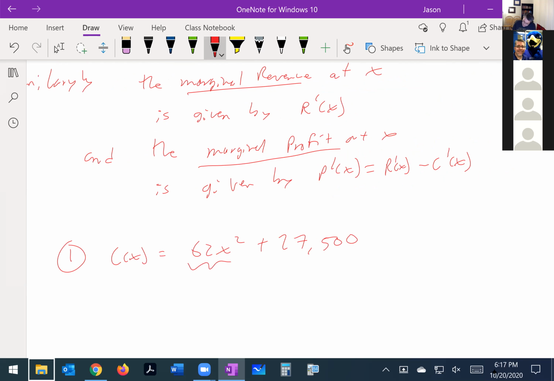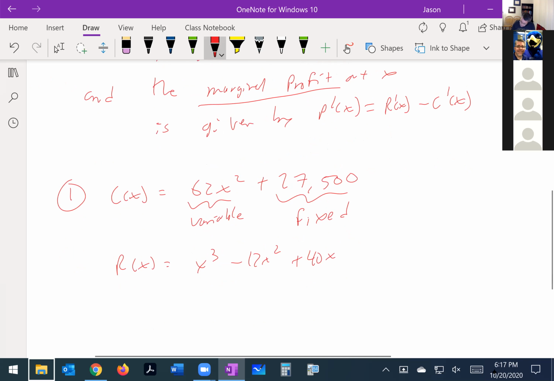So we've got our variable cost and we've got our fixed cost. And then we have our revenue function, which is x cubed minus 12x squared plus 40x plus 10.